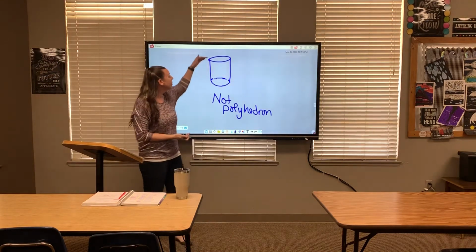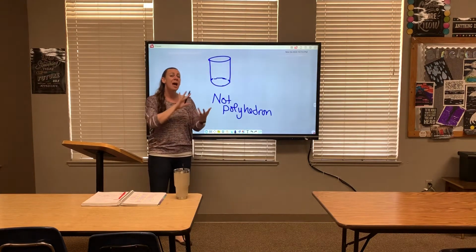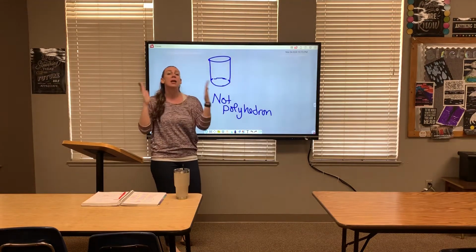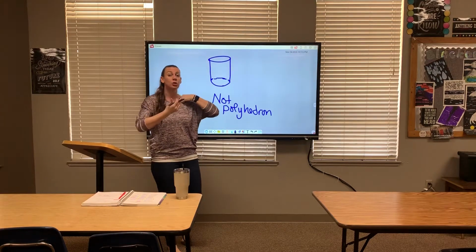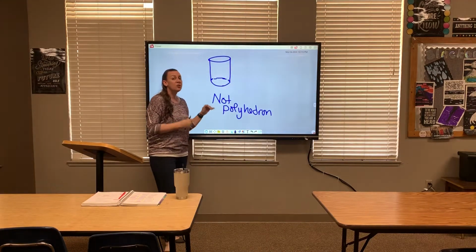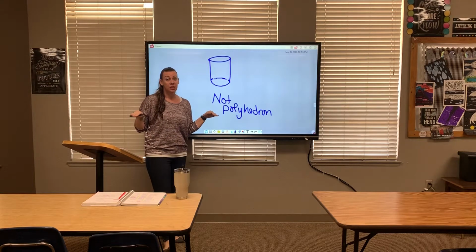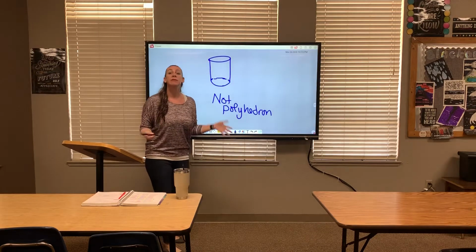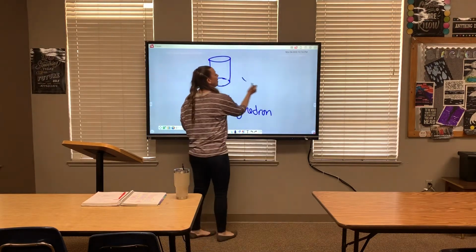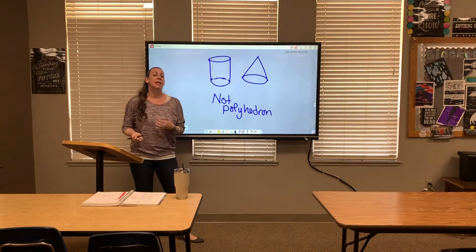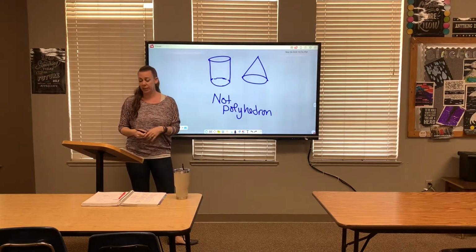You can see the top and the bottom as faces, but I can't really count the outside as a face because it's not a flat plane. It's cylindrical, it's round, it moves. So if you get to that point and it asks you how many, don't give them if you have a cylinder or if you have a cone. Neither of those can give you faces, edges, or vertices.